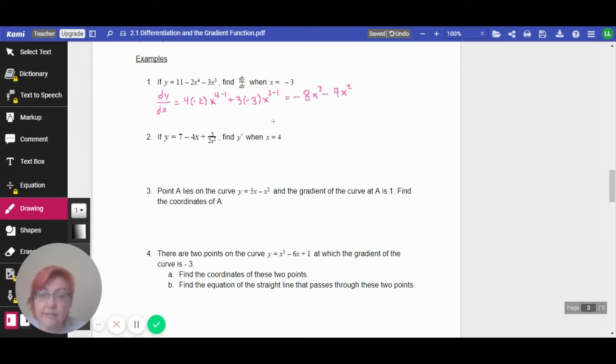When x is -3, I'm going to have -8 times -3 cubed minus 9 times -3 squared.